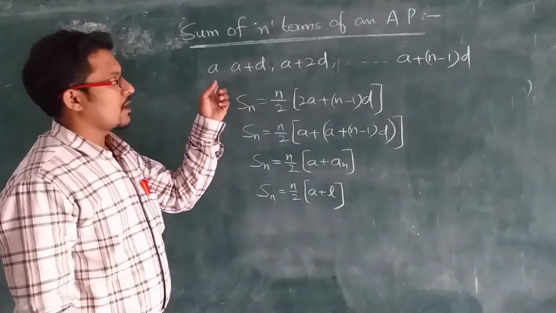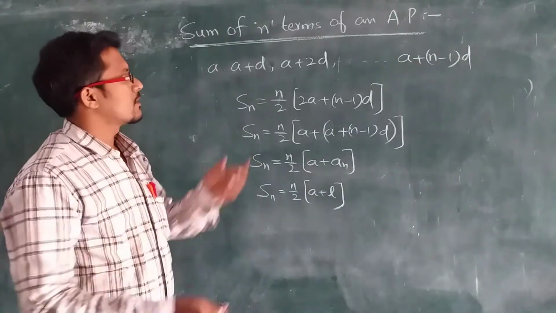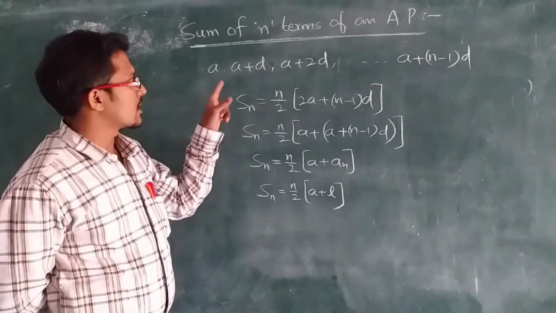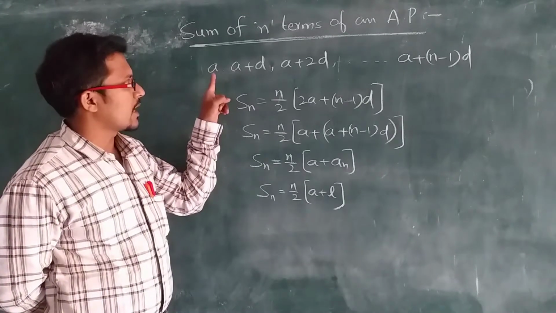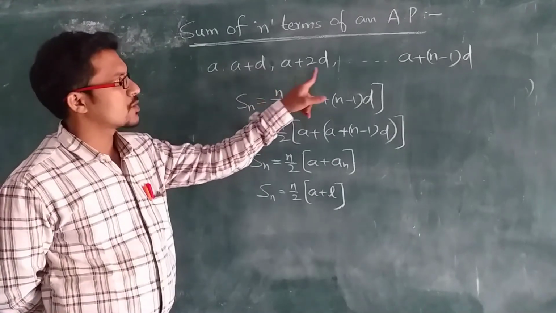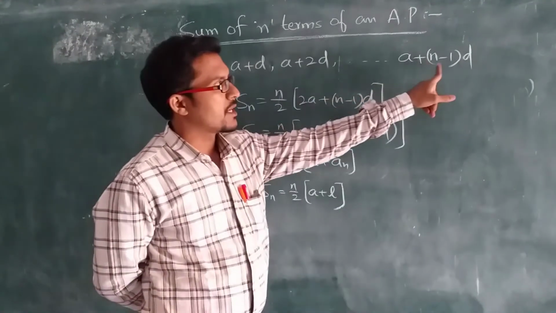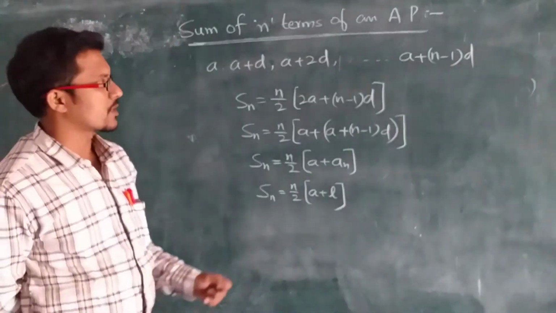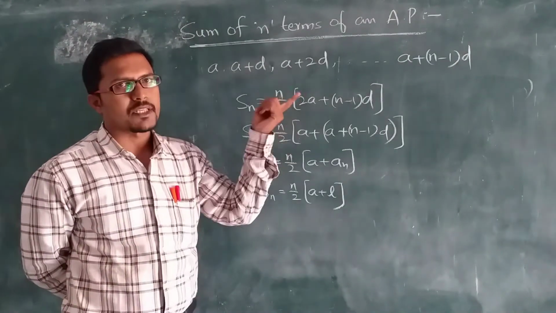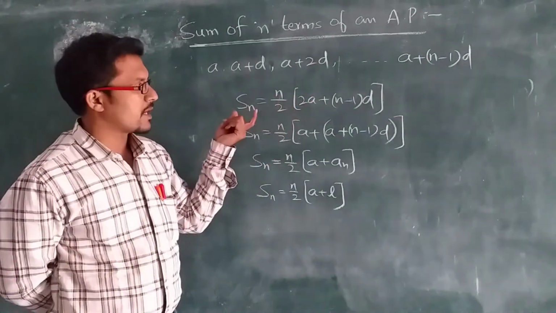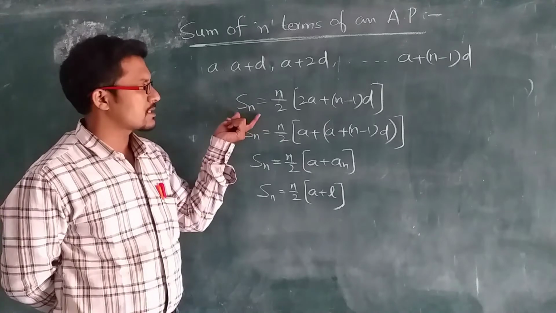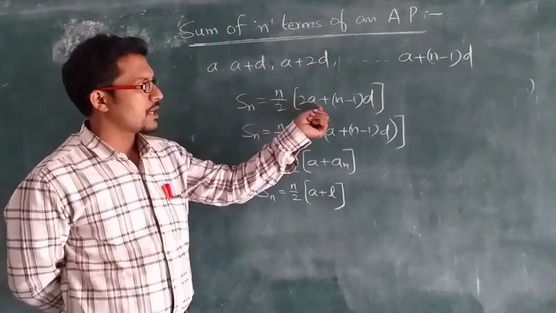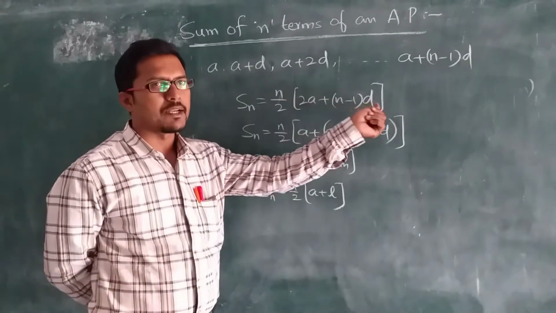Already we know the terms in an AP that we learned earlier: a, a plus d, a plus 2d, and a plus n minus 1 into d. This is the common form of an arithmetic progression. So what is the formula for the sum of n terms? The formula is Sn is equal to n by 2 into 2a plus n minus 1 into d.